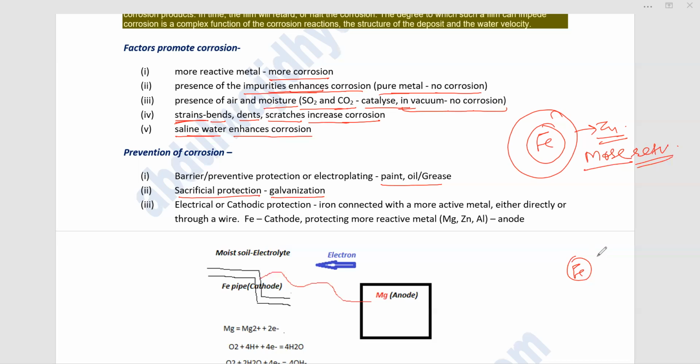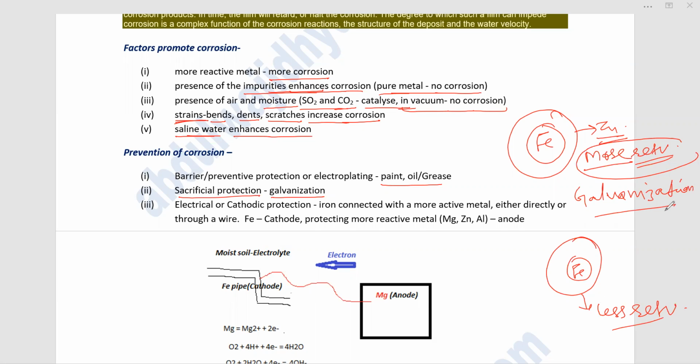But if there is a coating of a less reactive metal on the surface of iron, then it is called electroplating.